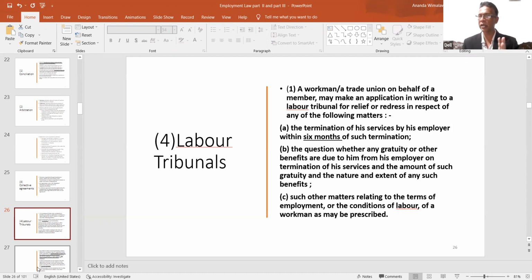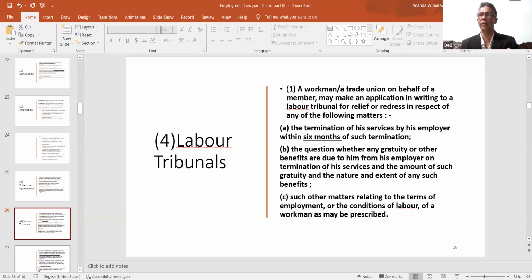If your termination is covered by the Termination of Employment of Workmen Act, the next topic, then you can still go to the labor tribunal, no harm. But in order to speed up the process, you have to report to the labor department if your termination is covered by the Termination of Employment of Workmen Act.